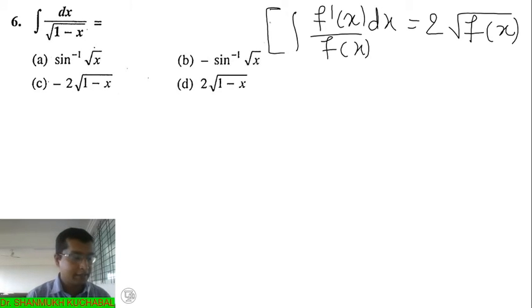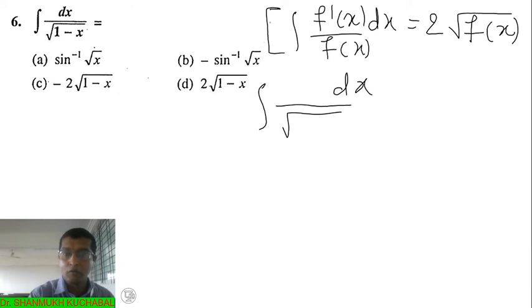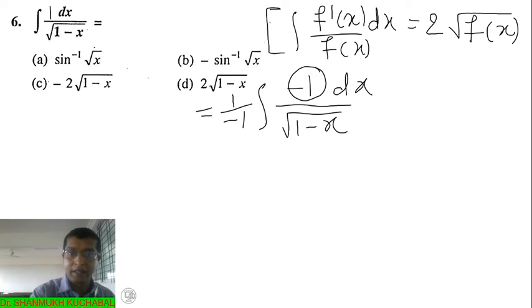So the denominator is 1 minus x. Differentiation of 1 is 0, minus, x differentiation is 1, so minus 1. Here it is extra, actually plus 1. So to balance it, I will divide by minus 1, and it is balanced. So 1 divided by minus 1, minus 1.